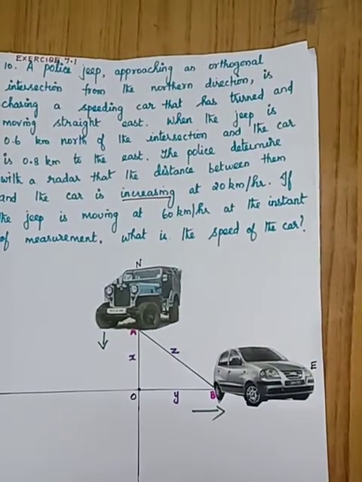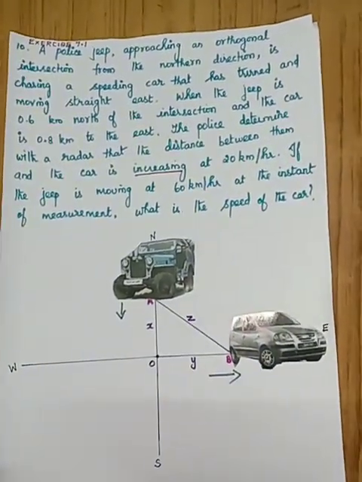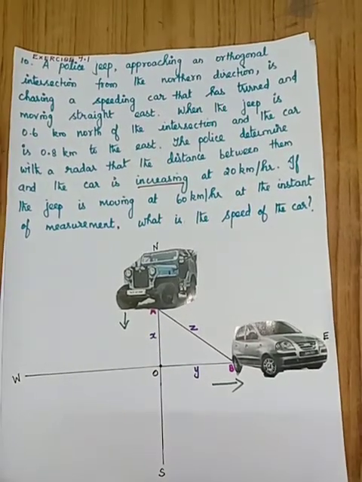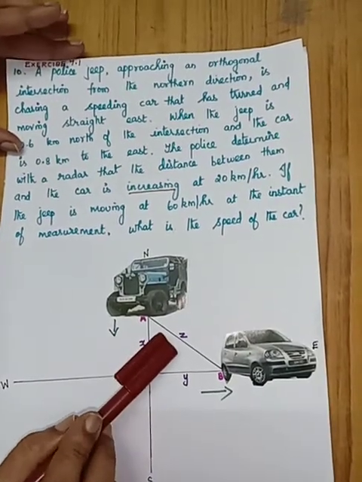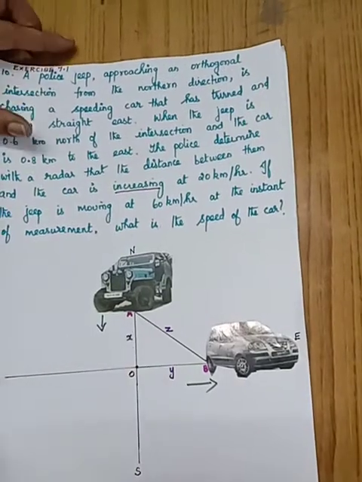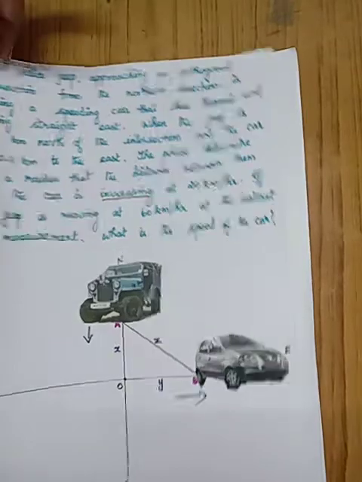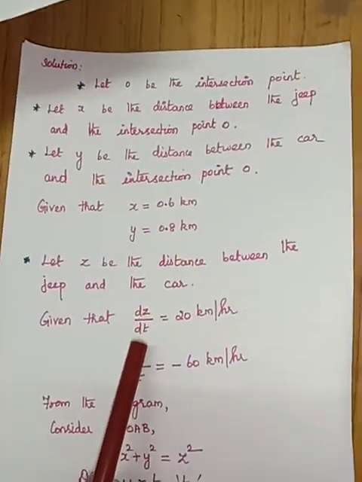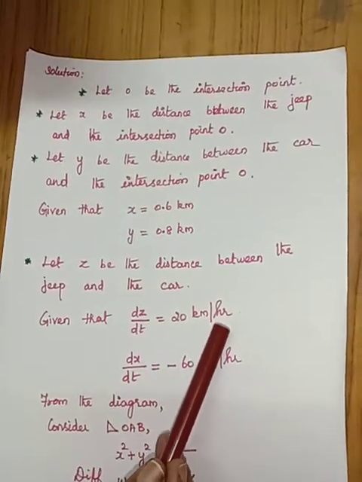So 20 km per hour is nothing but the rate of increase of the distance with respect to time. So the rate of increase of z with respect to time is 20 km per hour. How can we denote it? From the diagram we can say dz by dt is equal to 20 km per hour.